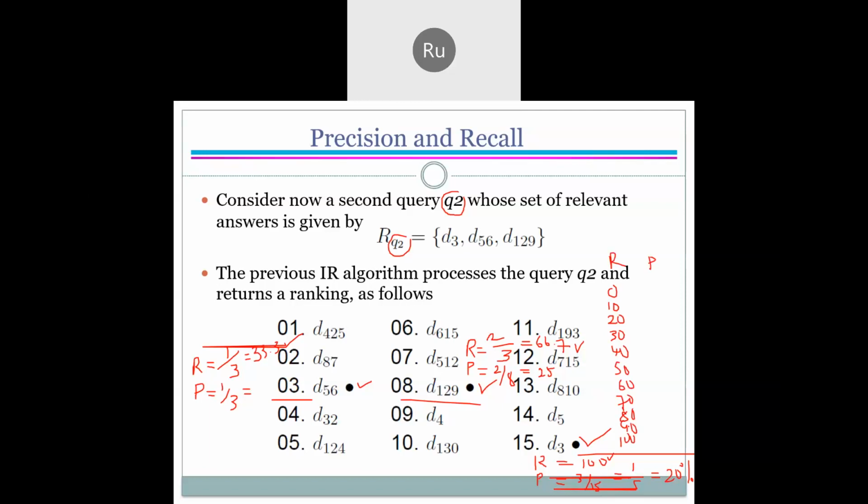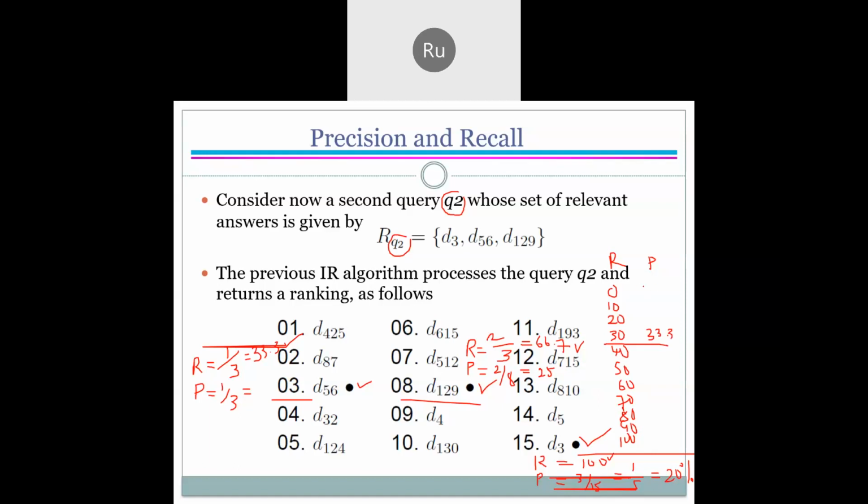So now we have this 33. It should be around here, right? So this one should be 33.3, the precision.